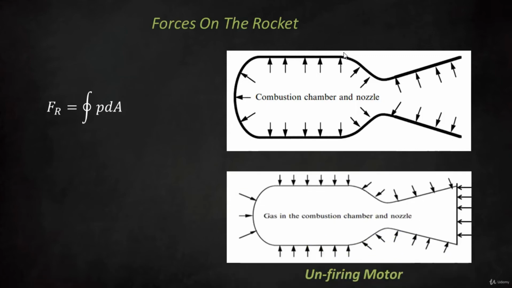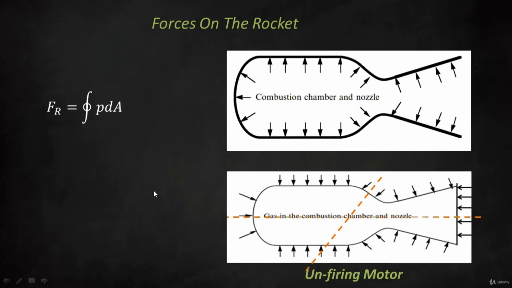So this is static, this is not moving. This engine, or this motor, is static, it is unfiring, it is cold. So since it's static, if we draw a plane through that combustion chamber and nozzle, the forces on one side will balance the forces on the other side of that plane.